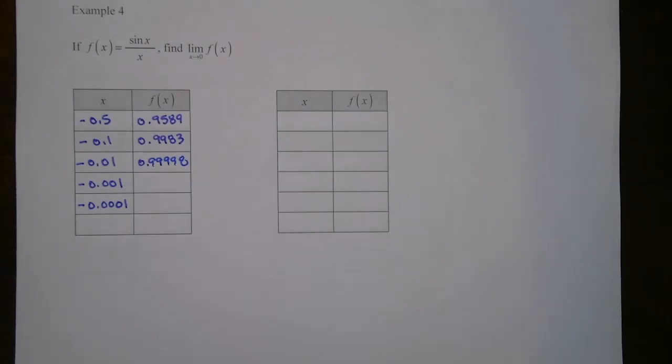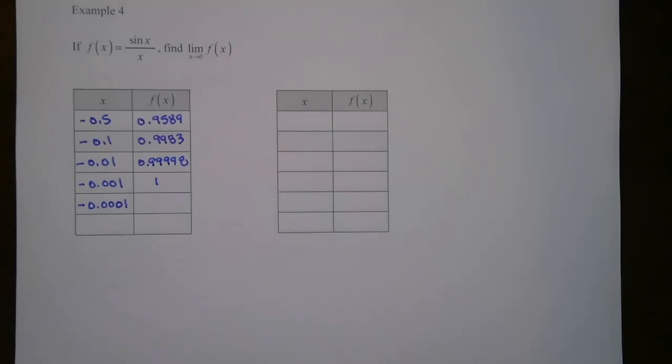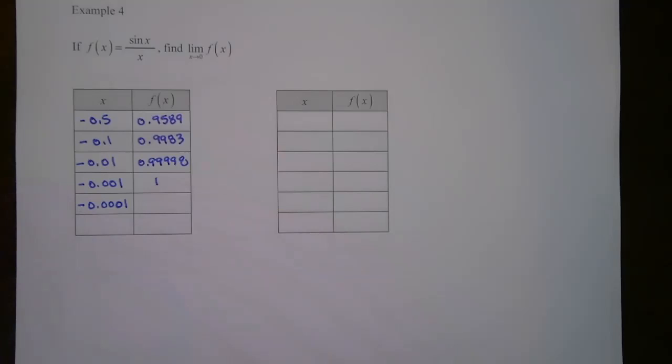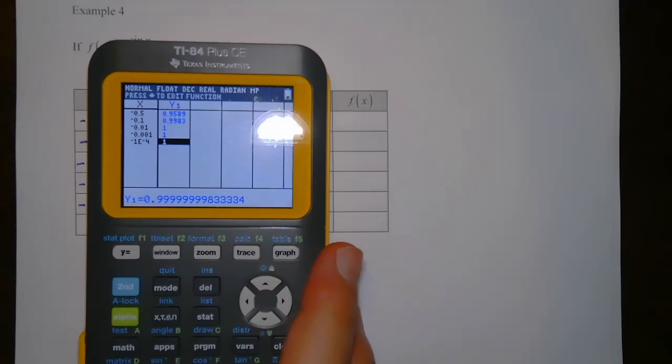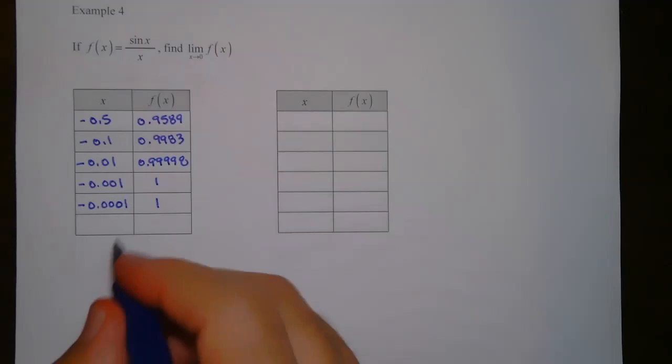And then we want to type in negative 0.001. And it's getting closer to 1, and then even this one, negative 0.0001. I just want you to understand that it's really not 1, okay? It's just a lot of 9s after the decimal, okay? All right? So it's 1, okay? So what are we doing?